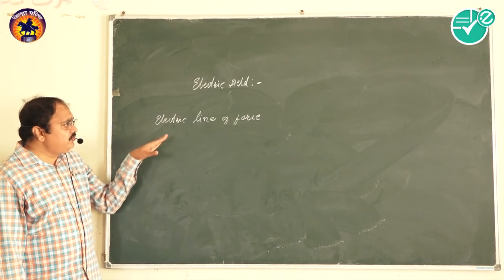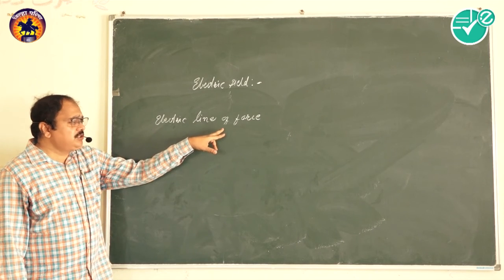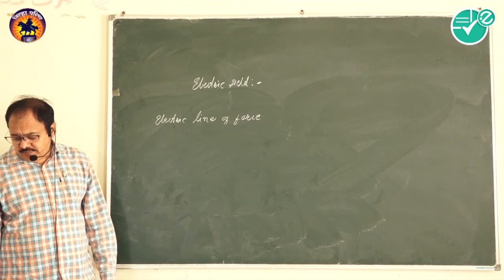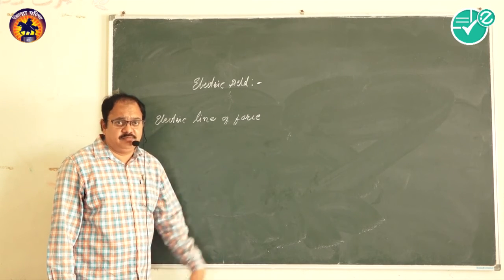We have seen the line of force. What is meant by electric line of force? It is the path along which a unit positive charge can be moved when placed in an electric field.